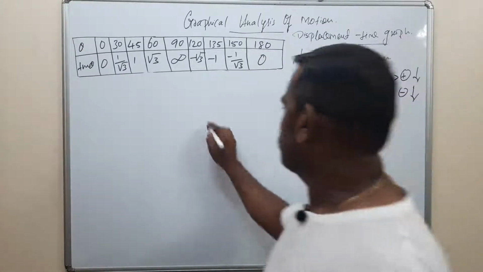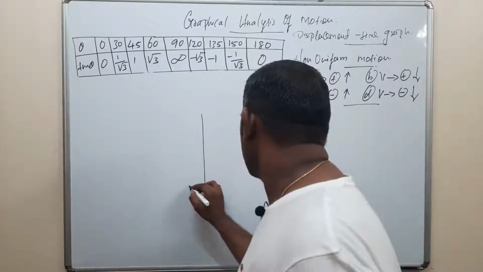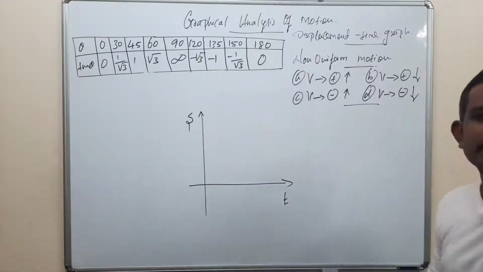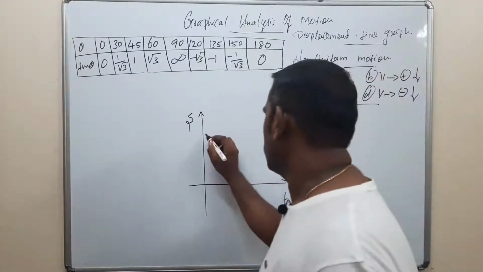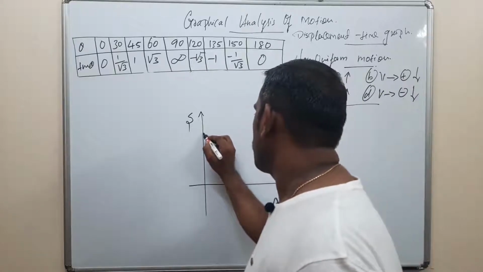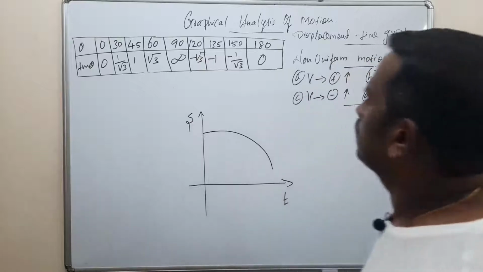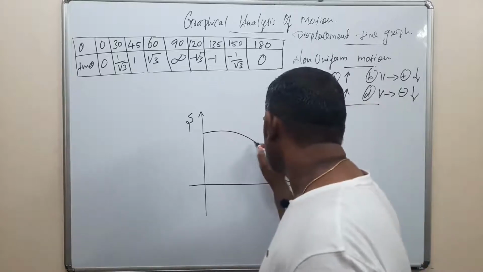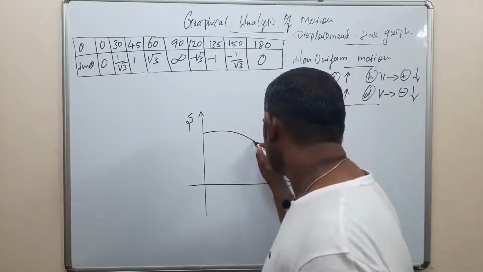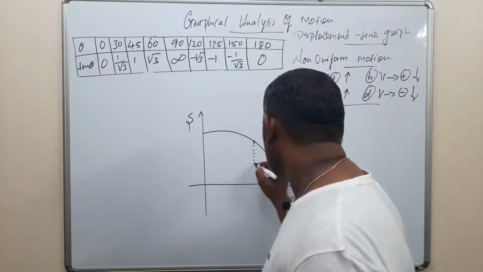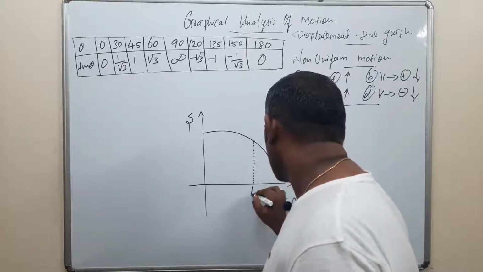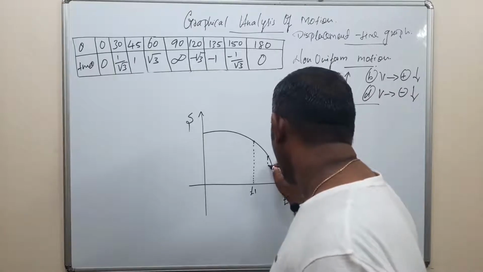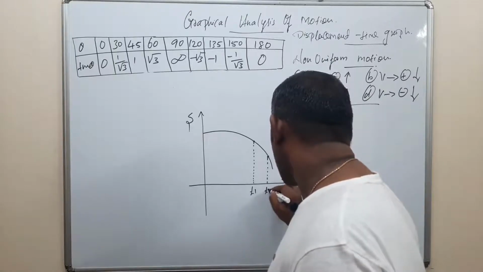velocity negative increasing. Displacement time graph, displacement time. T1, T2.